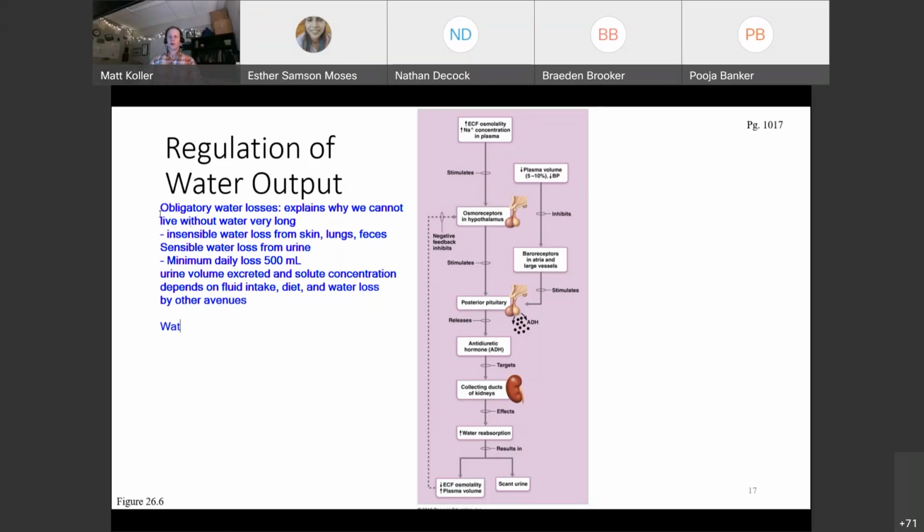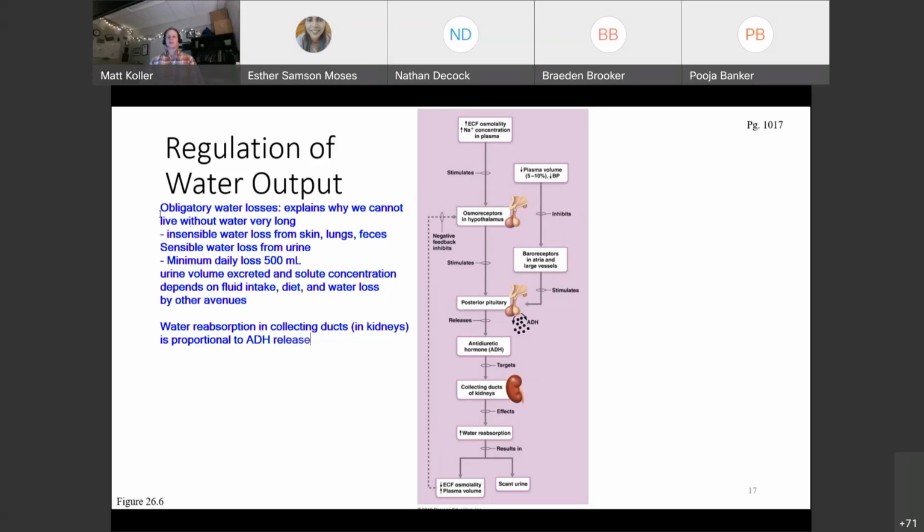So water reabsorption in the collecting ducts is proportional to ADH release, ADH being antidiuretic hormone, right?